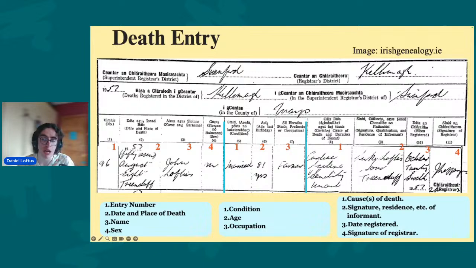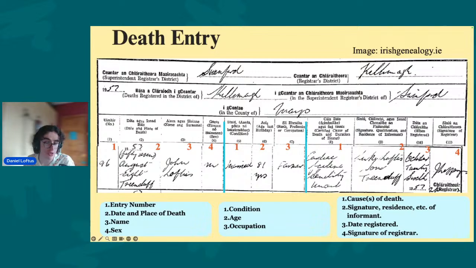And if they did not do that within such a period of time, then they would not have to register it. Like if they didn't do it, then they didn't have to. So I've come across one where they didn't register it for whatever reason. So if you see a death that's reported by a coroner, count your lucky blessings that they did register it.